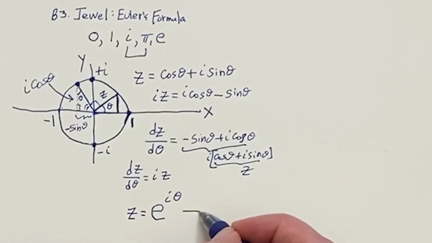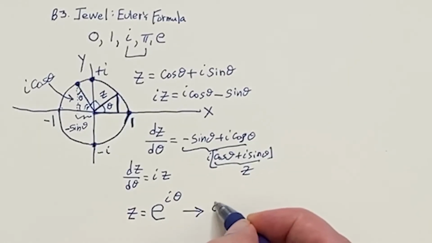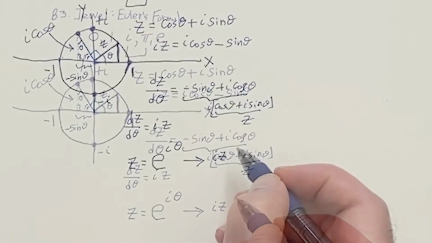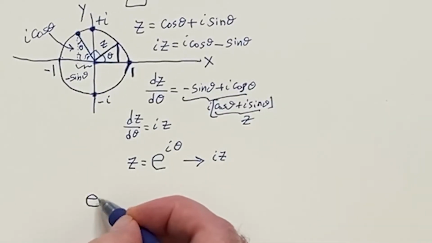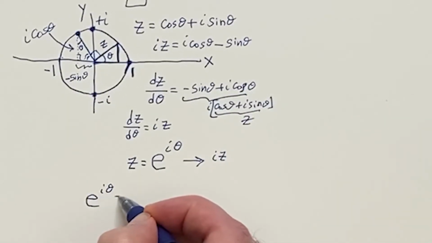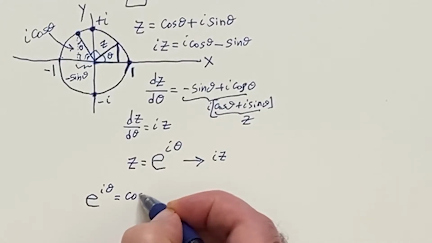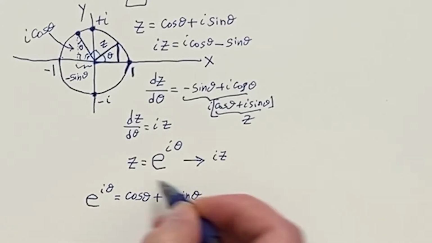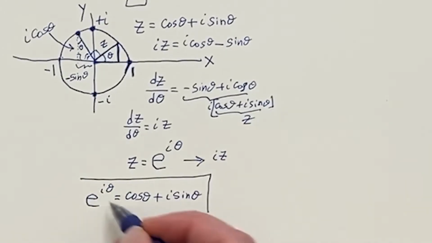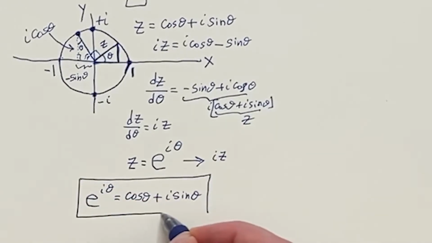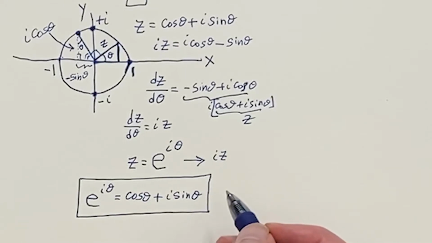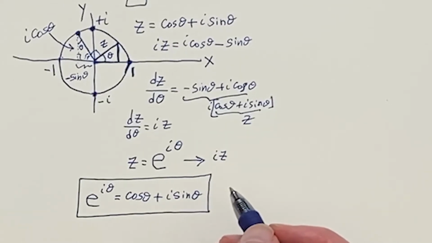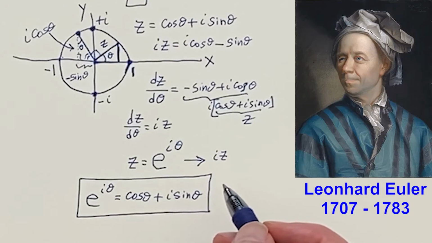So the derivative here will be i times z. Then you have this amazing formula: e to the i theta is cosine of theta plus i times the sine of theta. That is wild, and that starts to relate everything together, all the numbers we're looking at. And that's Euler's formula.